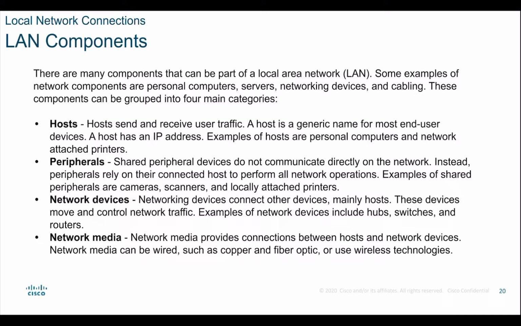Network devices are things like switches and routers. I hope there are no hubs out there, but this is networking hardware that is designed to route and relay traffic on the actual network itself. Access points would also fall under this category. And then finally is network media, and that is the physical connections or wireless.